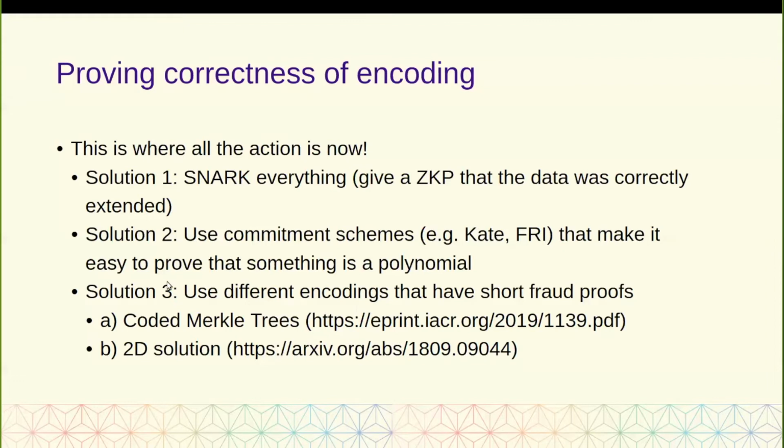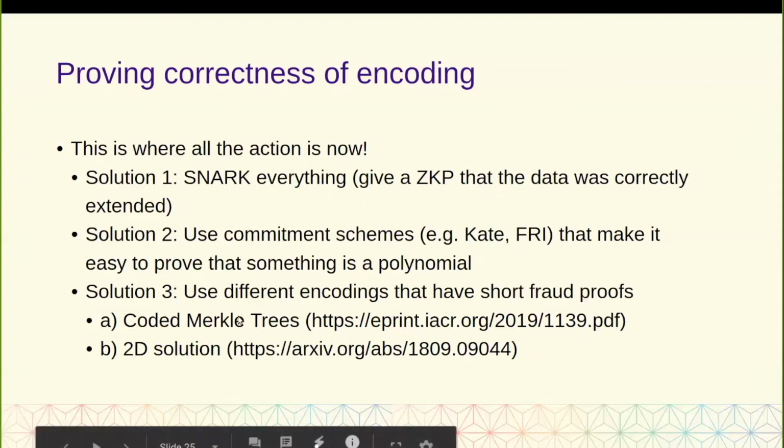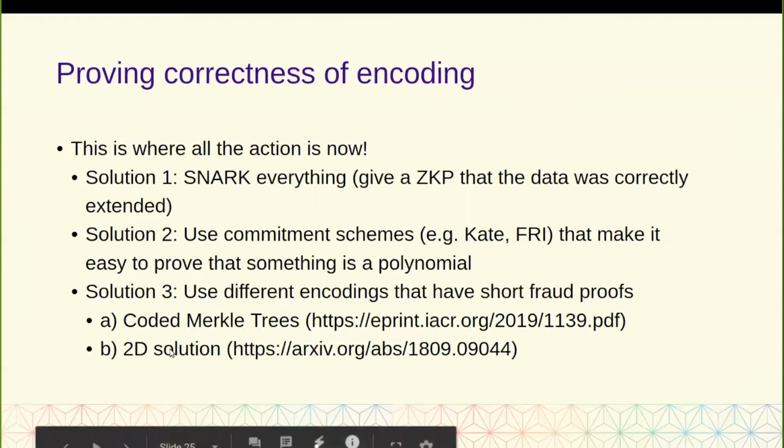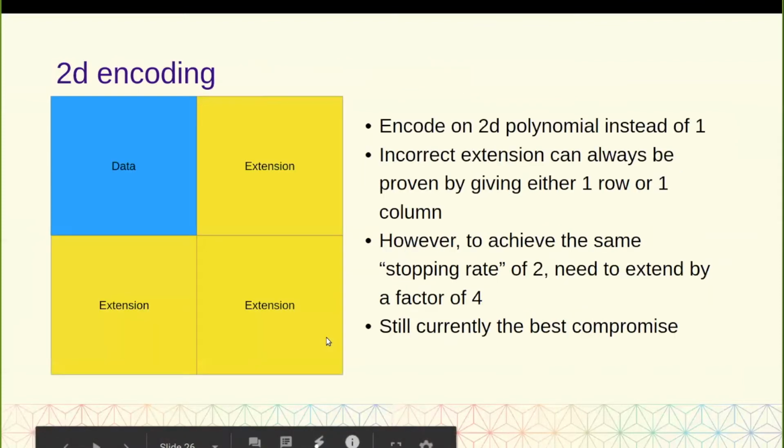And solution 3 is to use a different encoding than one-dimensional Reed-Solomon codes, so that the fraud proof somehow becomes shorter. There's one very interesting solution, the coded Merkle trees paper, and the other one is the two-dimensional solution, which I'll come to in a bit, and that is the one that we're currently still favoring at Ethereum.